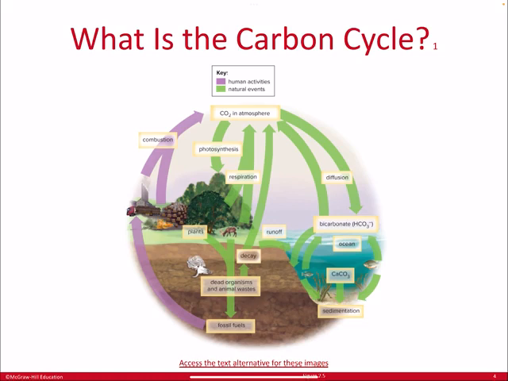Plants take in a lot of carbon through photosynthesis, and if you burn wood or fossil fuels through combustion, you release carbon dioxide into the atmosphere. Organisms that live on the planet take in oxygen, and when they do respiration, they release carbon dioxide as a byproduct too.